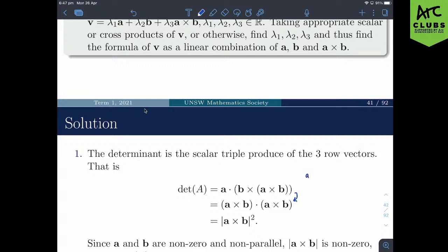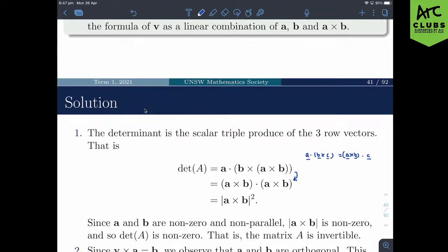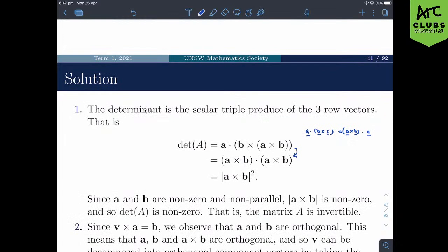So if we have a scalar triple product that looks like this, we can write it as a cross product b, dot product with c. And that's exactly what I'm doing to get from line 1 to line 2. And easily enough, this is the dot product of a vector with itself, which is equal to the modulus squared.